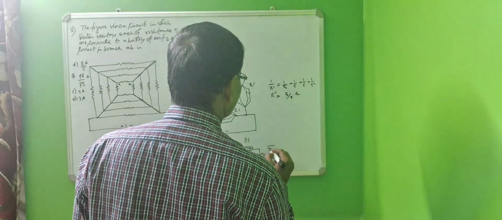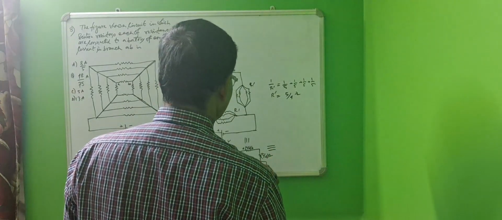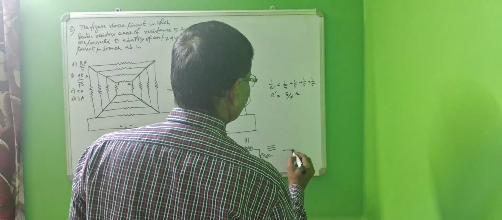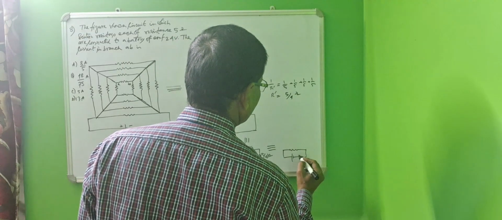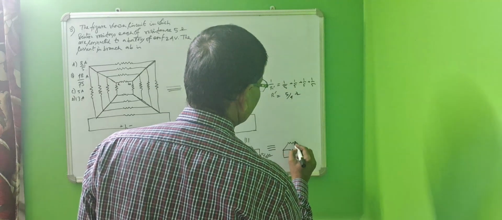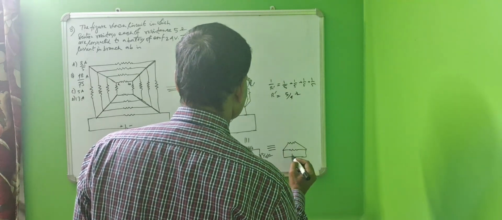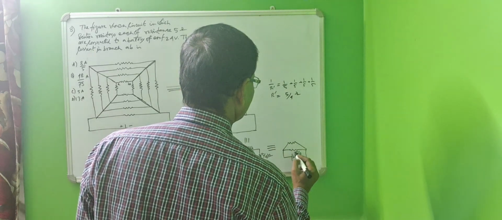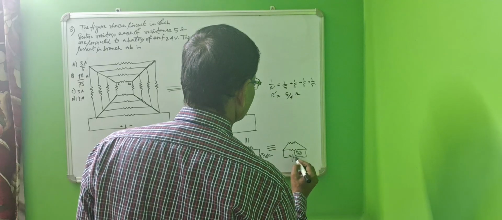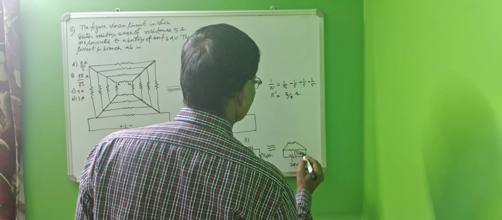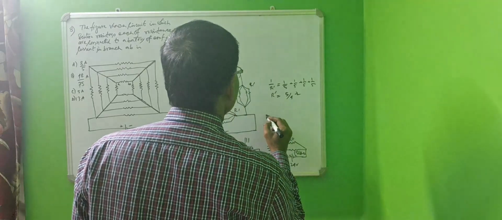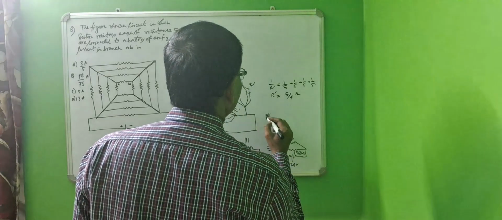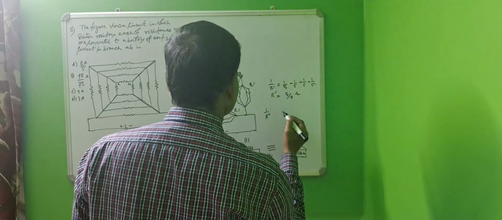Now the equivalent of this, 5 by 4 ohm, and this one is R dash, so R double dash.